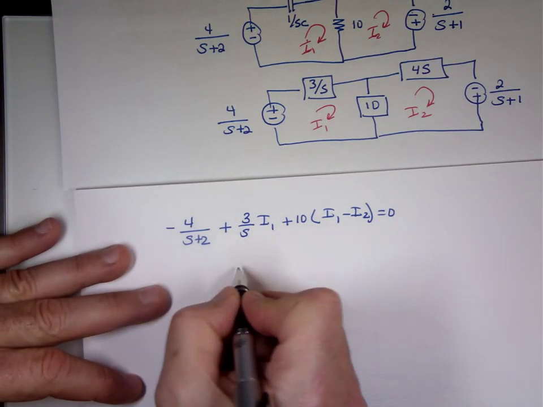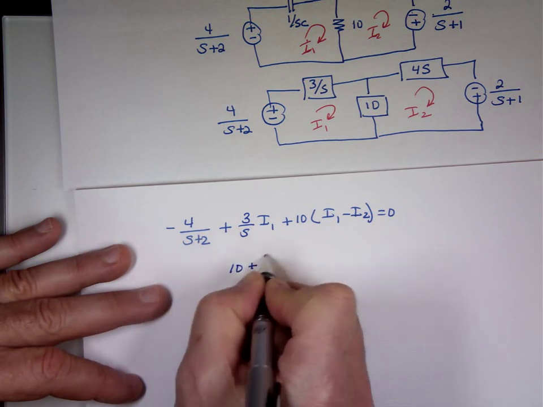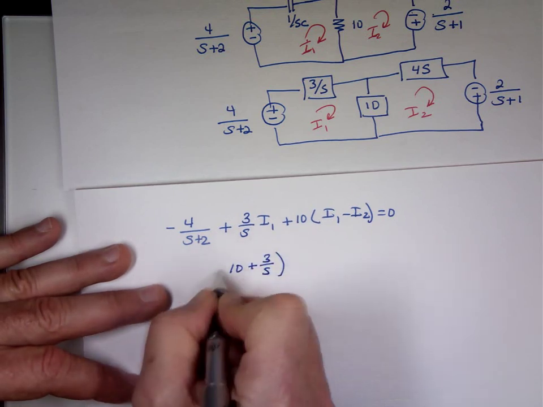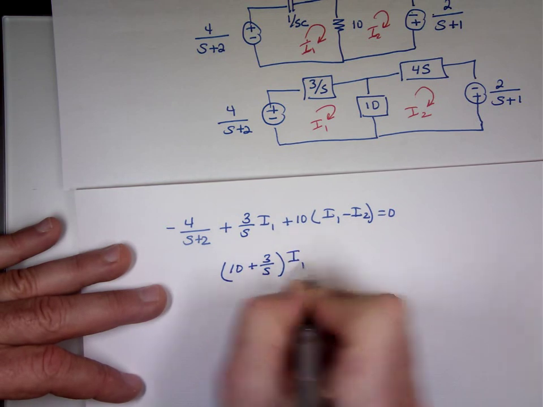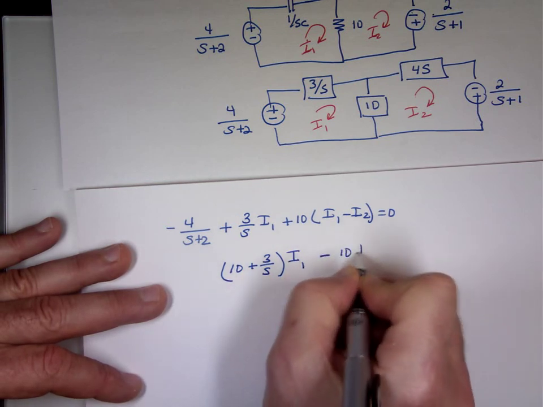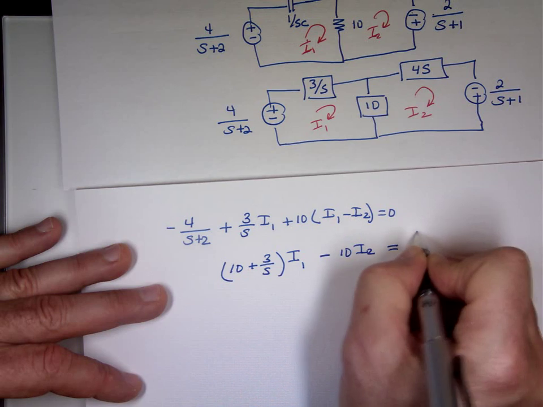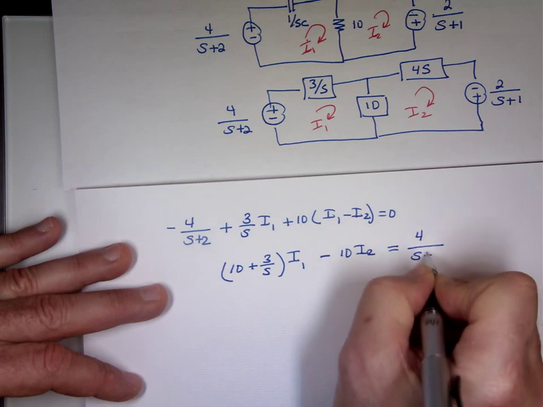So clean it: 10 plus 3 over S times I sub 1 minus 10 times I sub 2 equals 4 over S plus 2.